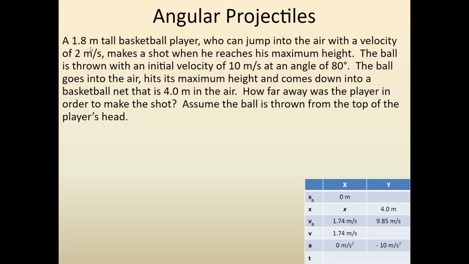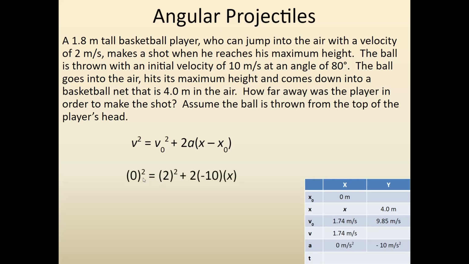The question is, how high does he go up in the air in order to figure out where the ball is being thrown? So based off of this information, again, I'm ignoring everything else. All I care about is that he's 1.8 meters tall, and that he's jumping with an initial velocity of 2 meters per second, and he reaches some maximum height.